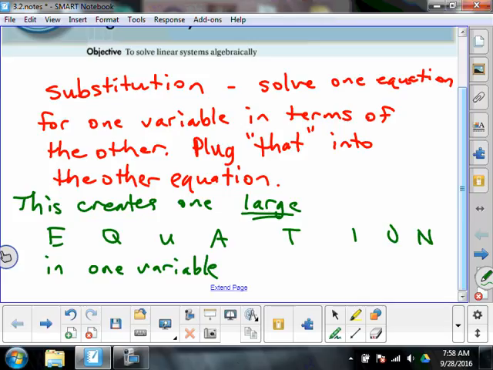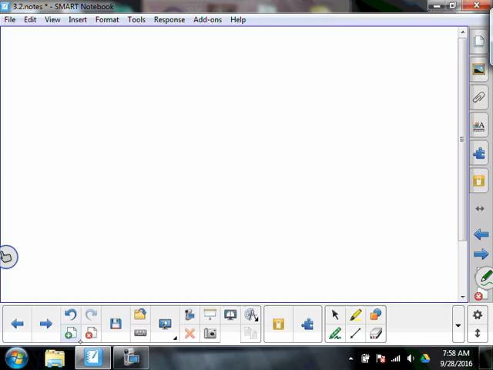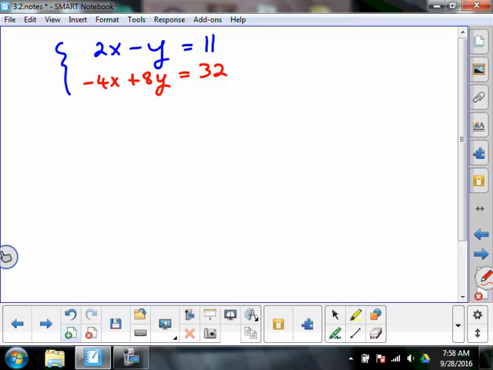All right. We're not actually going to solve this first one. We're just going to discuss what it means to set one of these up. So suppose our system looks like this. 2x minus y is equal to 11. And suppose our other equation is this. Negative 4x plus 8y is equal to 32.